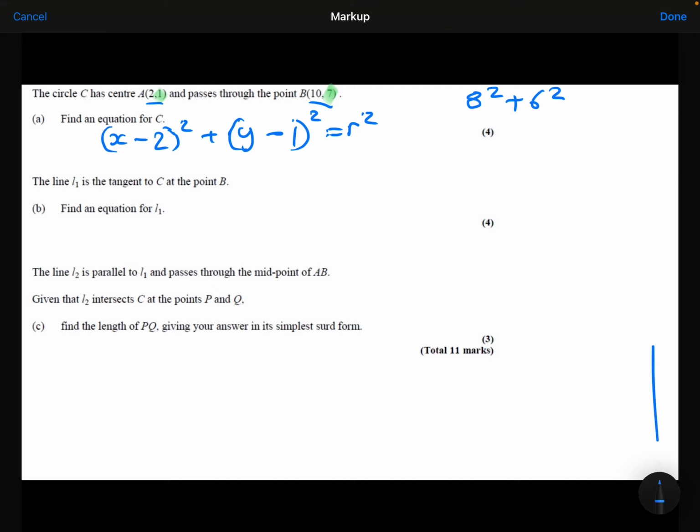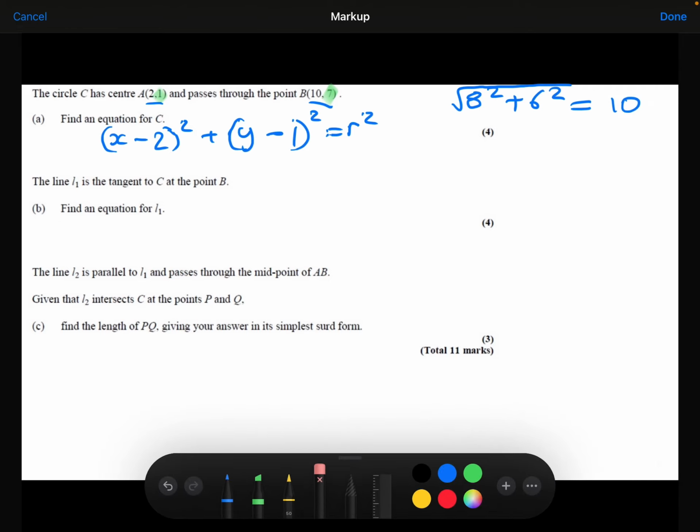So 8 squared plus 6 squared, all square rooted, will give me the radius, the distance between those two points, which is 10. So the radius of this circle is 10, which means that the radius squared will be 100. And that's the equation of my circle.